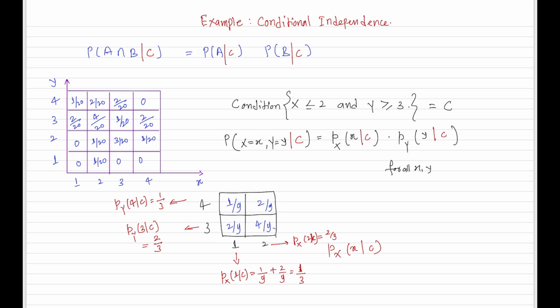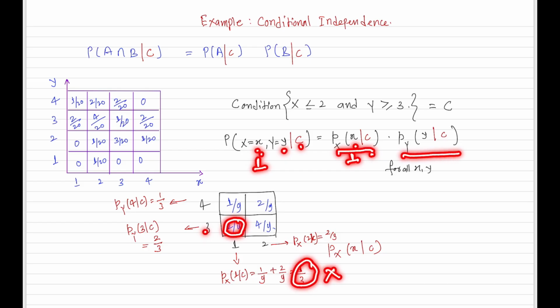We have to check for independence. That means this probability should be equal to the product of their individual PMFs. You can easily check from here. The probability where X takes the value 1 and Y takes the value 3 under this condition C is 2 divided by 9. The marginal probability when X takes the value 1 under this condition C is 1 divided by 3, times the marginal PMF of Y taking the value 3 under this condition C, which is 2 divided by 3.